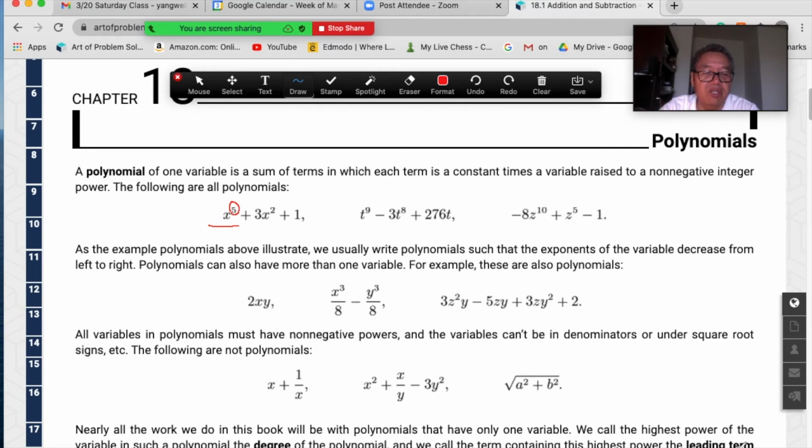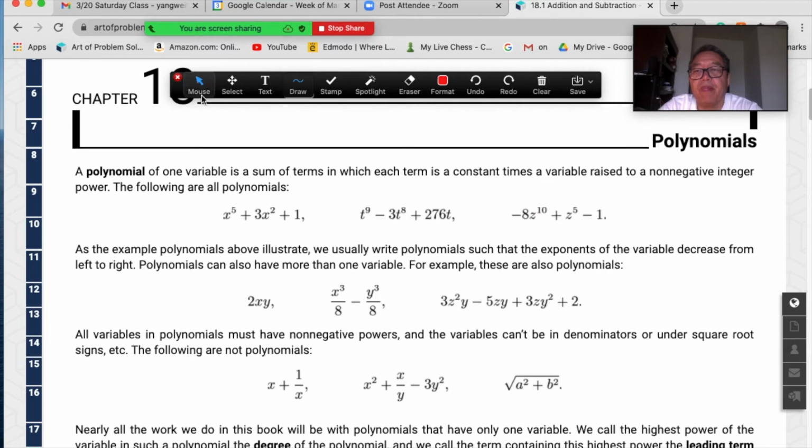So then this one, the degree of this polynomial is 9. The leading term is t power 9. This one has degree 10. The leading term is -8 z power 10.